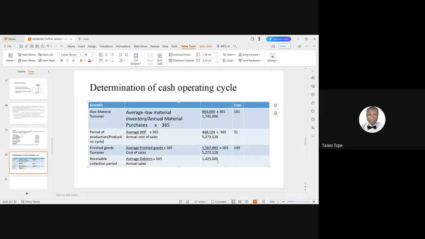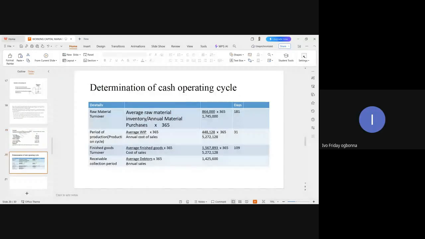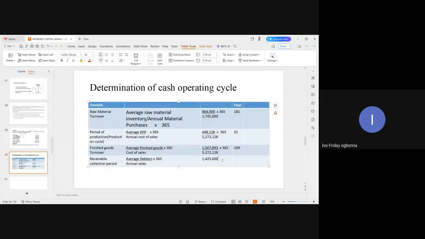The annual sales is what? 5,802,400. That gives 90 days.